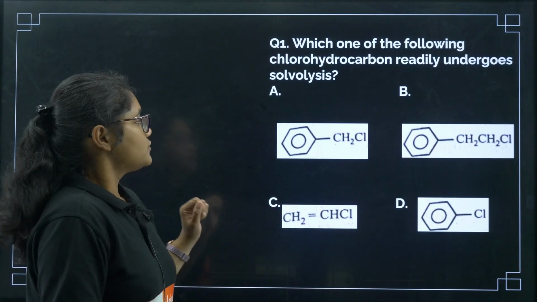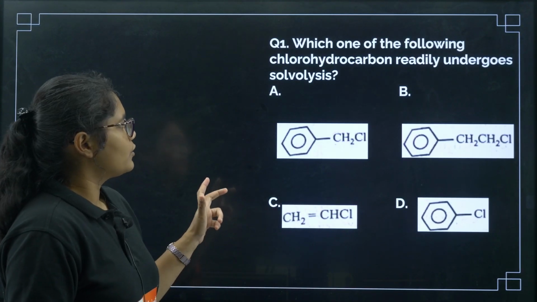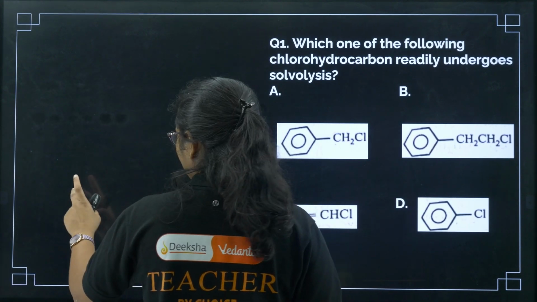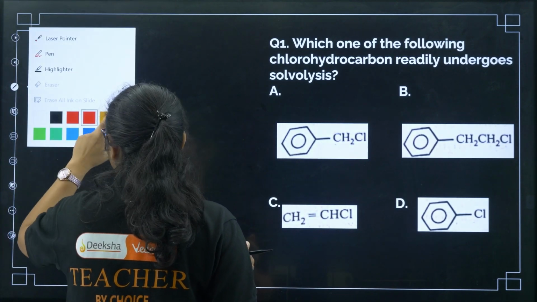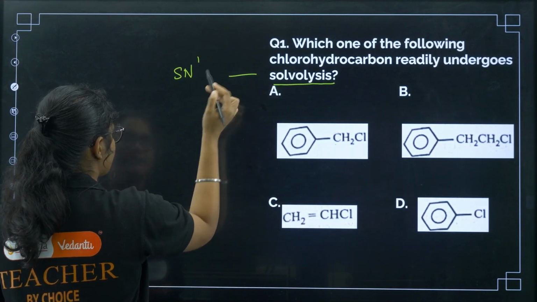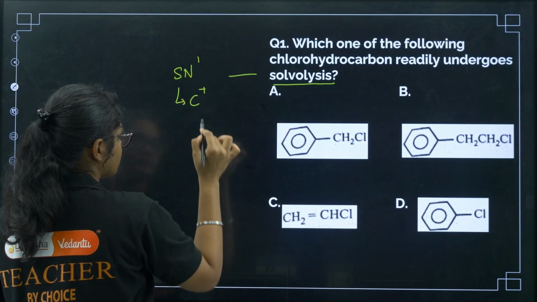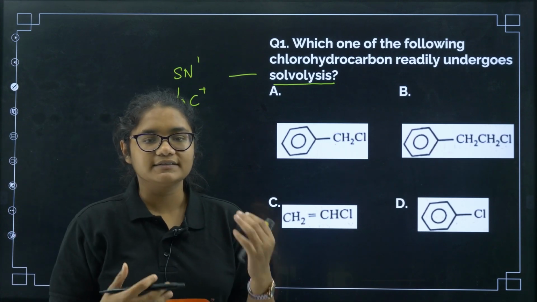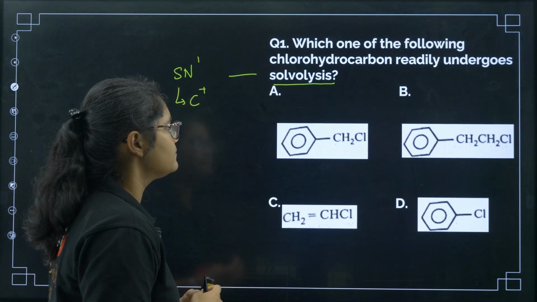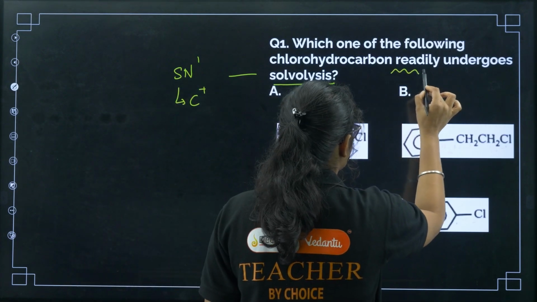Which one of the following chlorohydrocarbons readily undergoes solvolysis? For this you should know that solvolysis follows the SN1 mechanism. That means it involves the formation of a carbocation. So wherever a stable carbocation is formed, that will react fastest, or it will undergo the reaction readily.